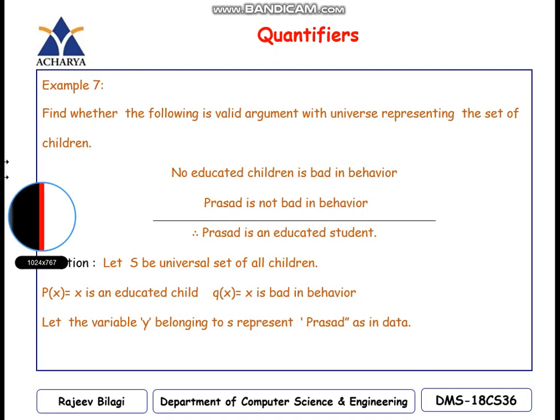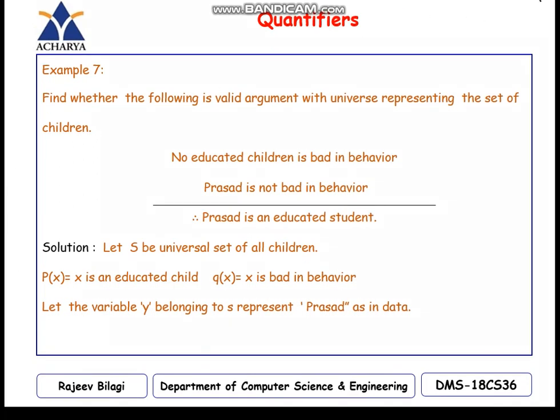Okay, we'll see one more problem. Find whether the following argument is a valid argument or not, with the universe representing the set of children. For everything you need to have a certain universal set; here it is the set of children. No educated children are bad in behavior is one statement.